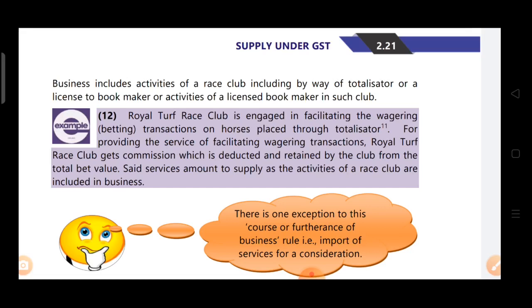Such services amount to supply as the activities of a race club are included in the definition of business. So this activity of facilitating betting transactions, for which consideration is charged, meaning commission is charged, is included in the definition of business. So the said service amounts to supply.